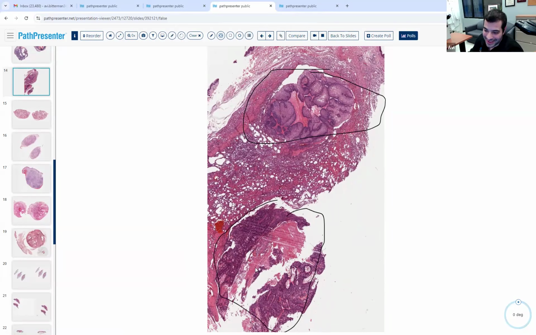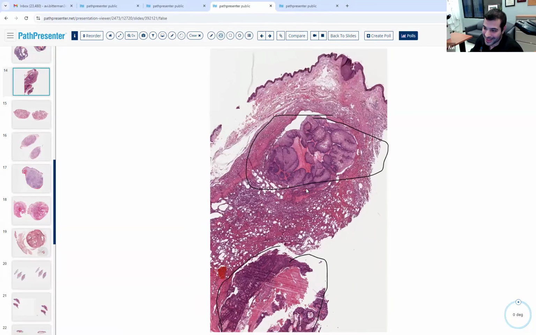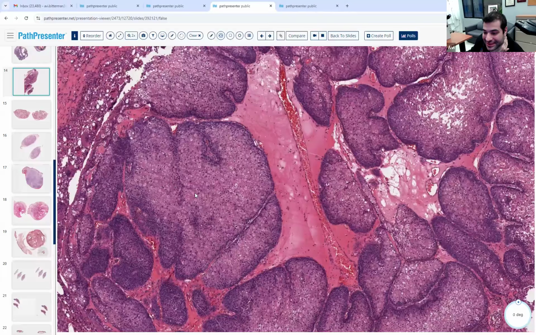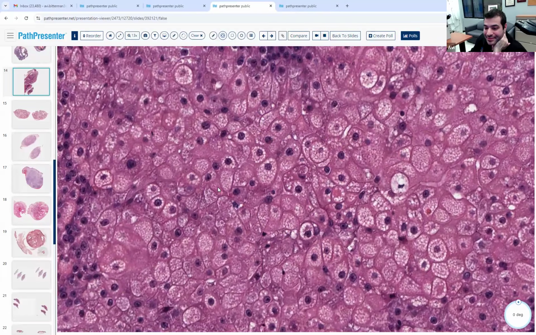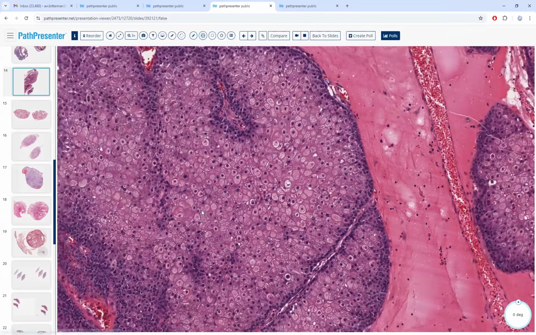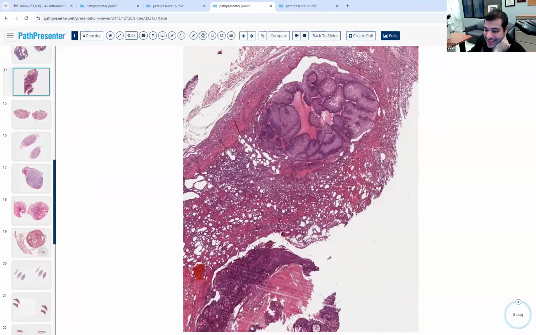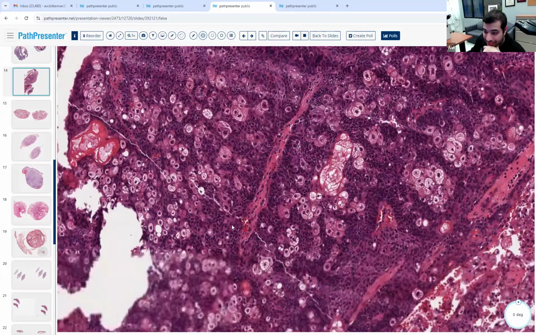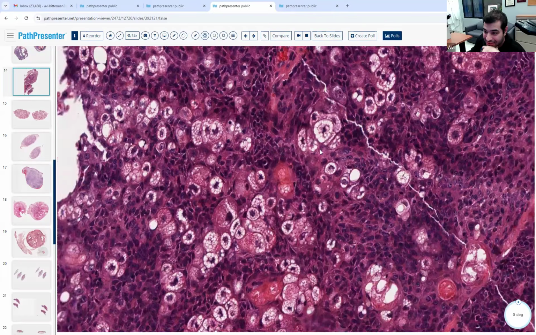A whole bunch of it is necrosed. So we're worried about some kind of malignant process here, and it's huge. What's the differentiation? Sebaceous. This is definitely sebaceous, and this probably is a sebaceous carcinoma.